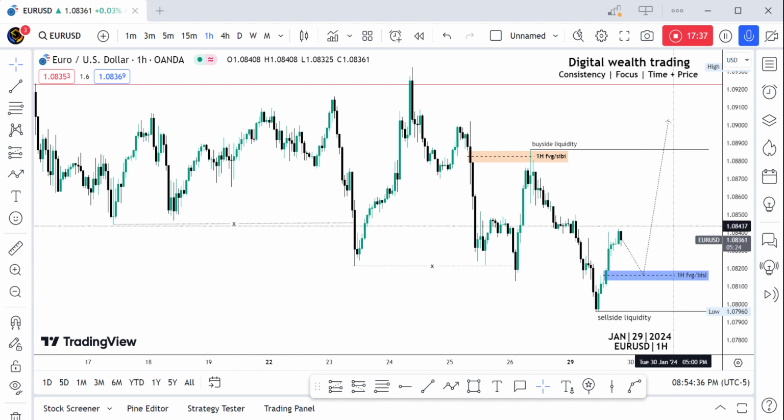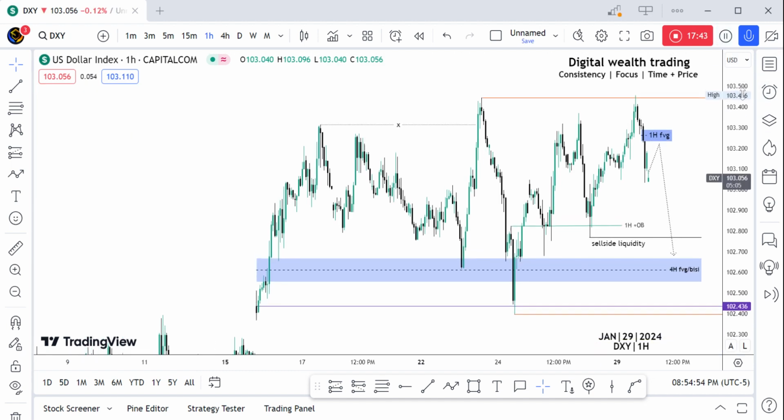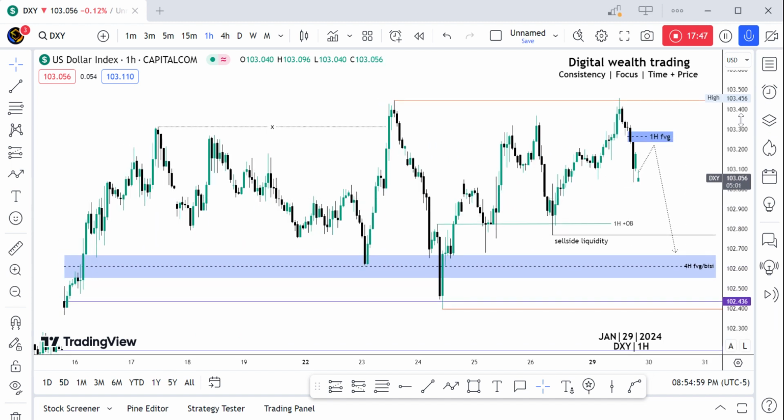So that being said, let's go to the dollar index. Well, this is the hourly contract on the dollar index. Yeah, there is a whole lot to see here. We closed here on the hourly yesterday, and now we just jump all the way into here and open here.